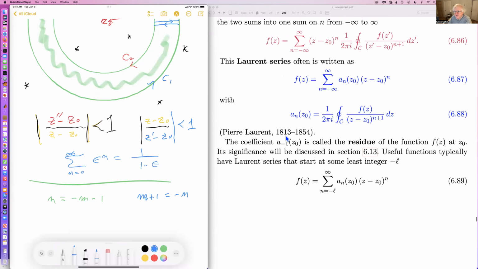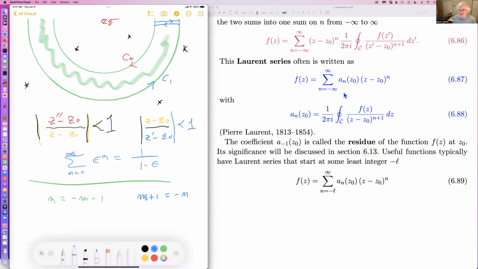Now, this Laurent series has n running from minus infinity to plus infinity. And as I said, just any analytic function can be expressed that way.